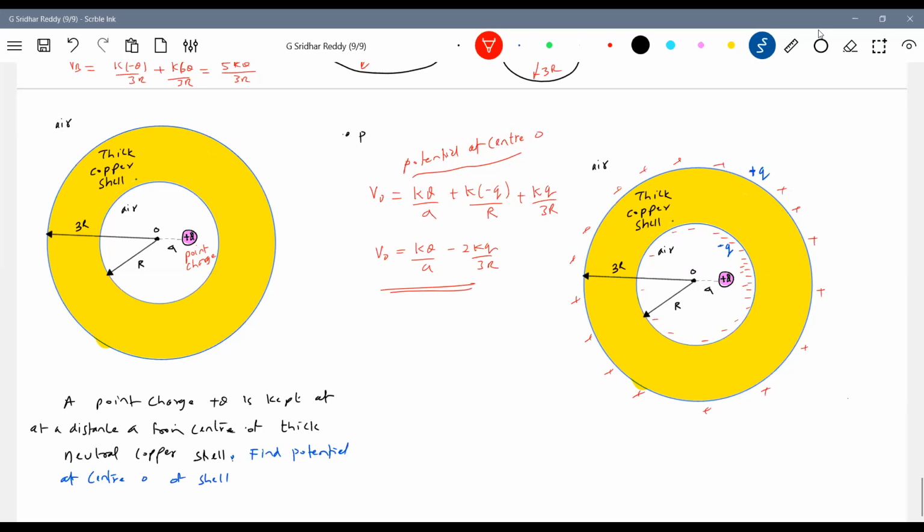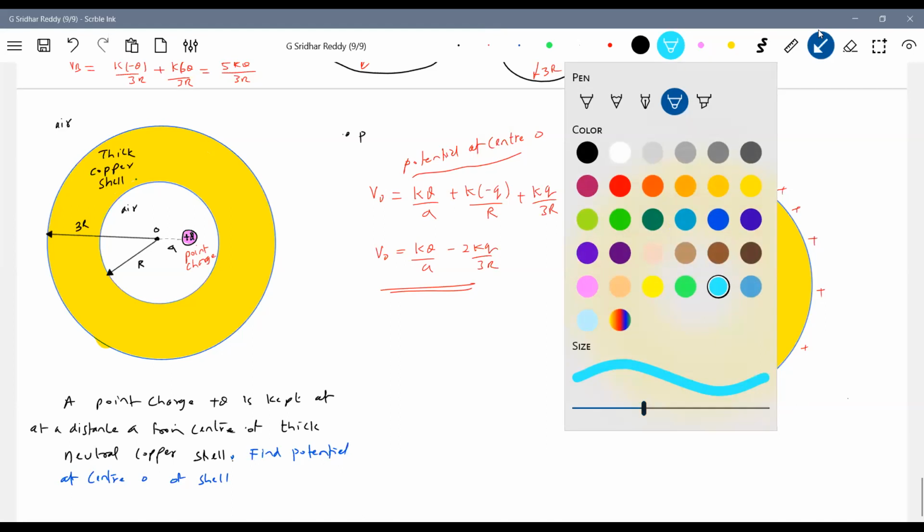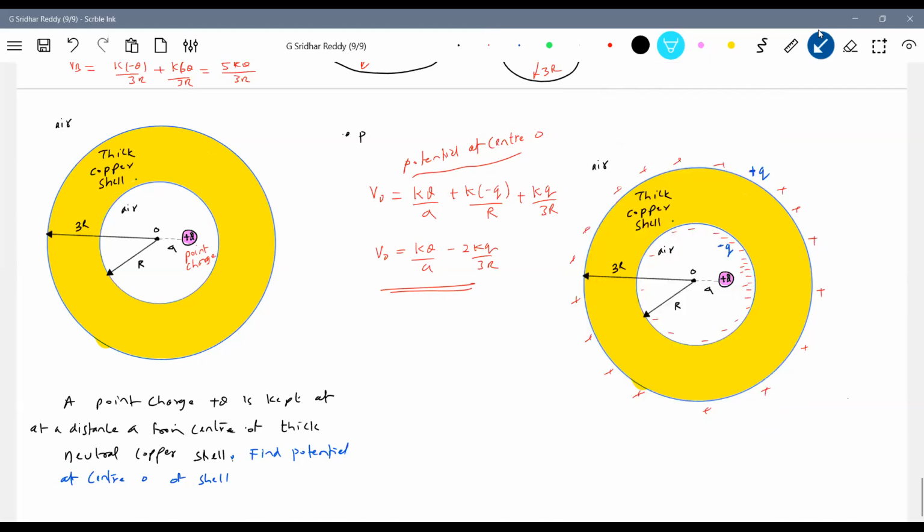Now, what about the electric lines of force? The charge on the outer surface will be uniform, but inside, the lines of force will not be uniform. Outside, it is similar to a charged conducting sphere.